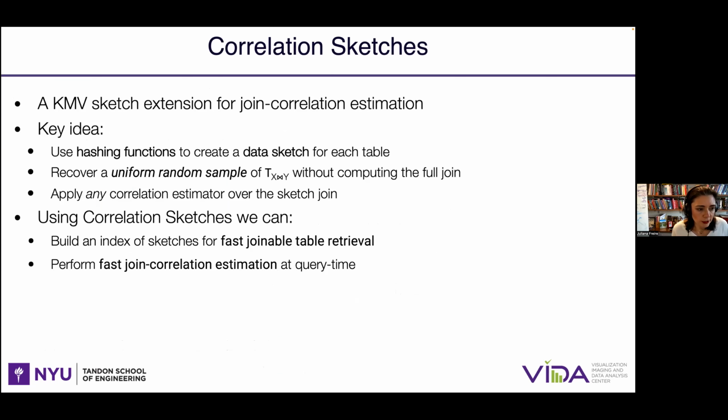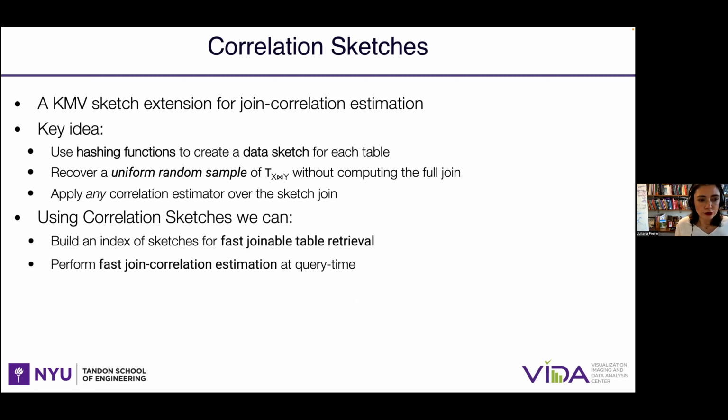So we propose this idea of correlation sketches, which is an extension of KMV. The basic idea is to use hash functions to create a data sketch for each table. By doing so, we're able to recover a uniform random sample of the resulting join without having to compute the full join.